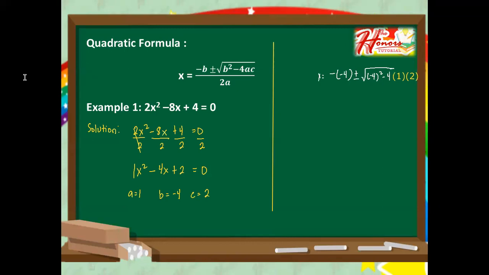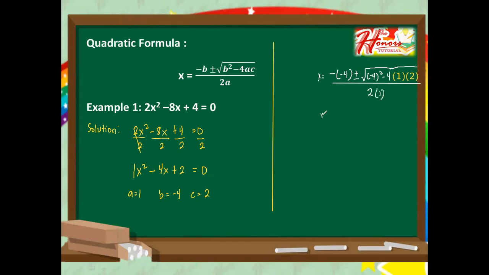And then of course, we have to extend our radical here. Over, don't forget that, 2a. So that is 2 times the value of a, that's 1.